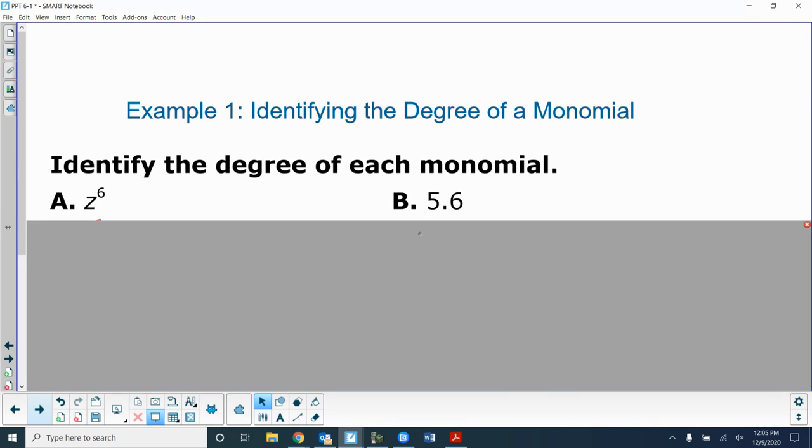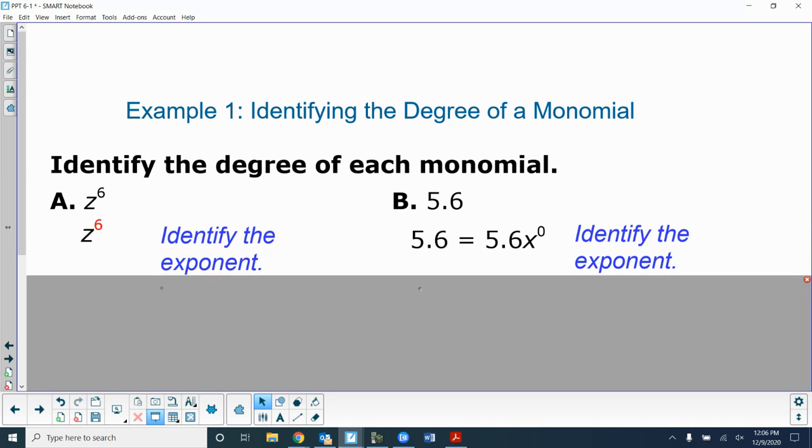Grace, what's the degree of that monomial? Zero. Yes, when there's no variable, we call it a constant. The degree would be 0, because you could write it like this. Anything to the 0 power is what?